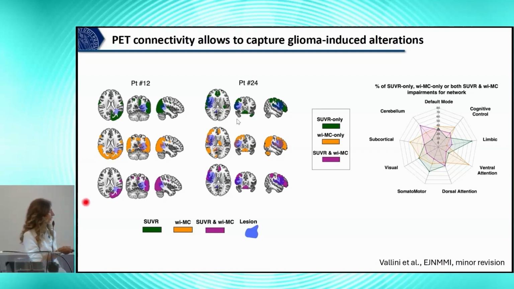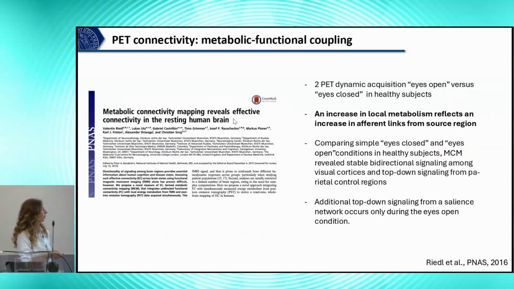So also here you can see that some networks are more impacted by metabolic connectivity, while there are other networks that are more impacted by local impairment of glucose. So, okay, this is a sensitivity to pathology.